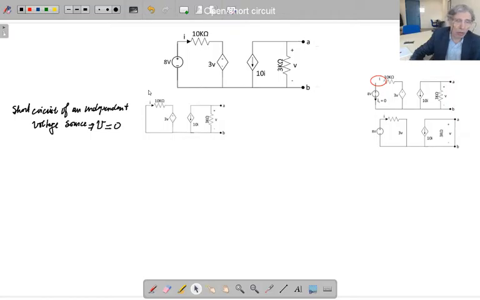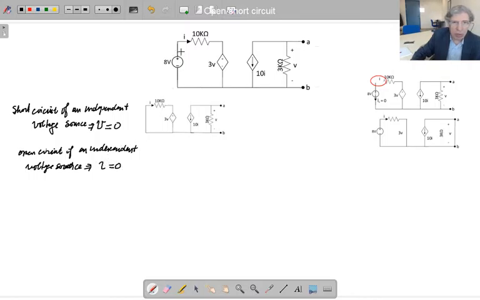So if we do the open circuit of an independent voltage source, it means make the current equal to zero.